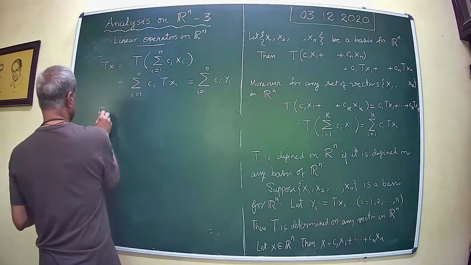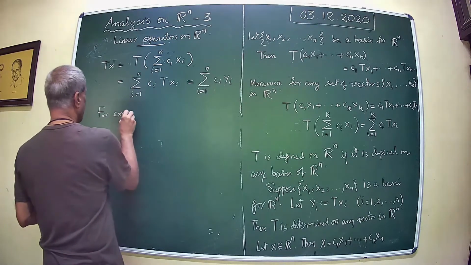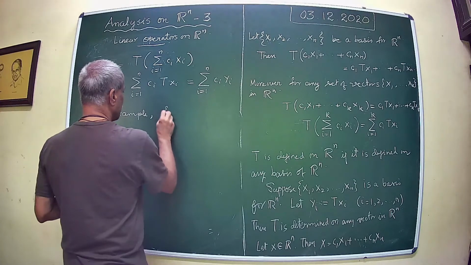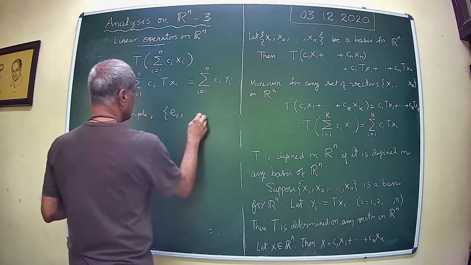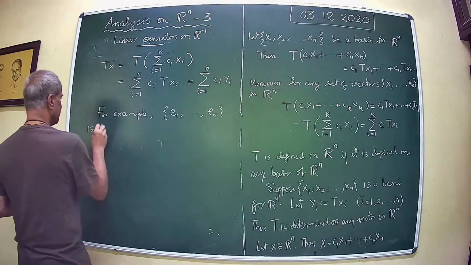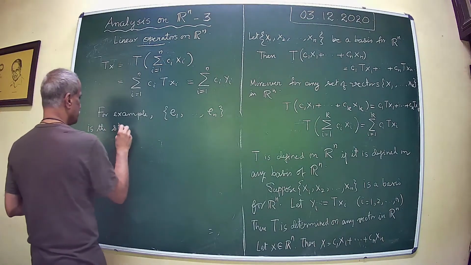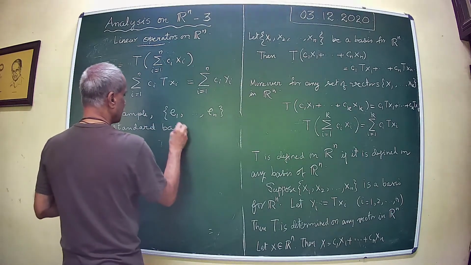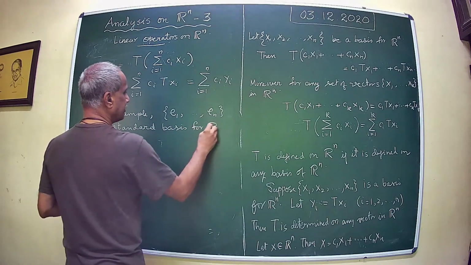For example, e1 up to en is the standard basis for Rn.